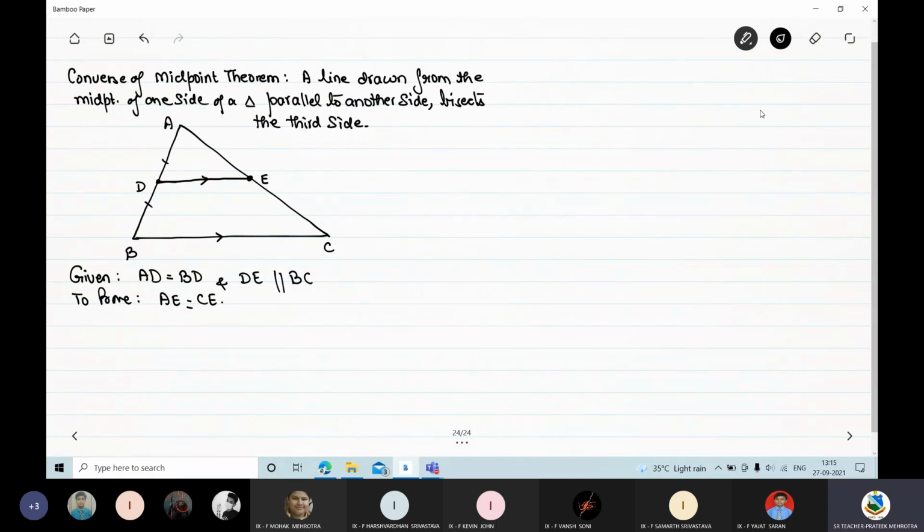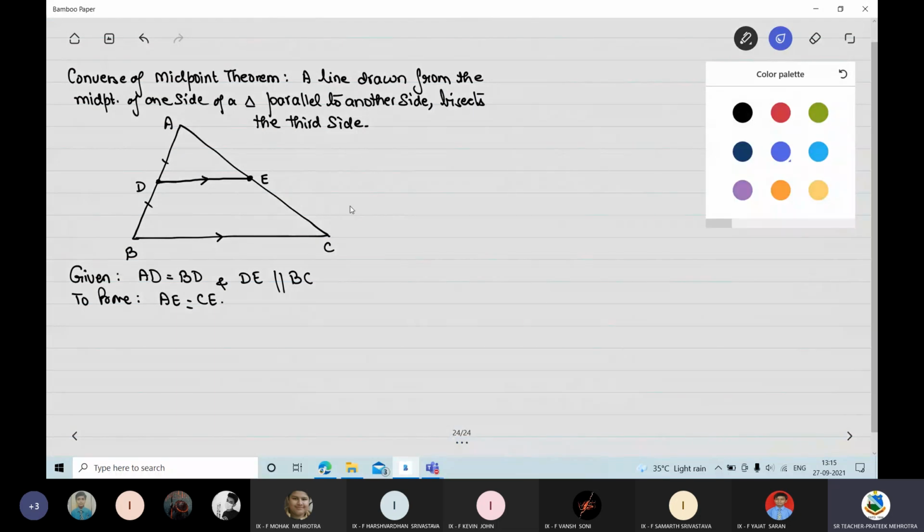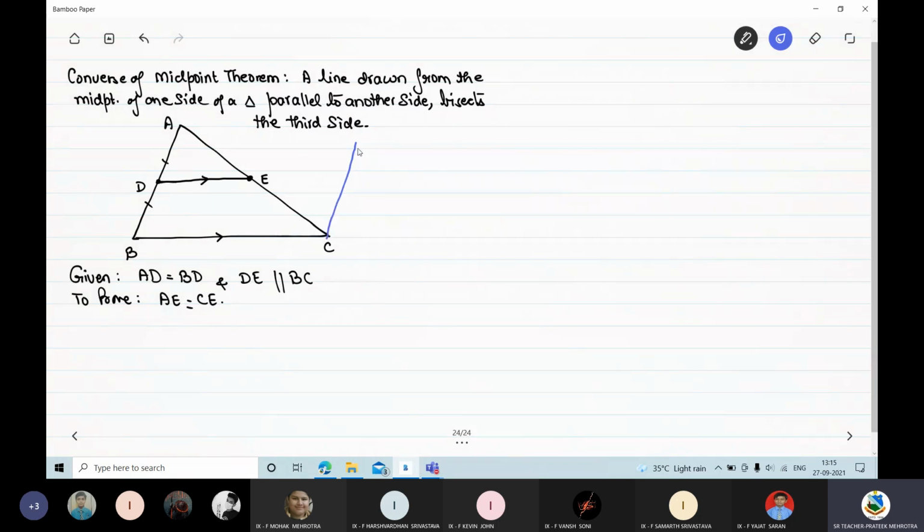Now here also we are doing the same construction. So I will be drawing from C a line that will be parallel to AB. Let's say this is G, and I will produce DE to meet this parallel line at point F. So I've done the same construction.